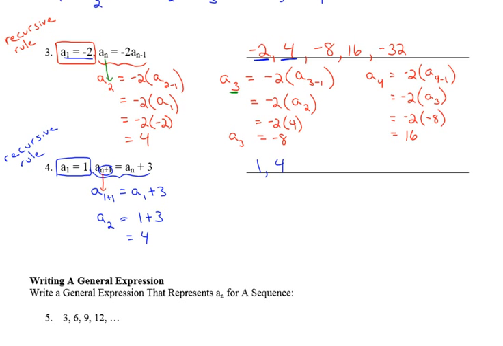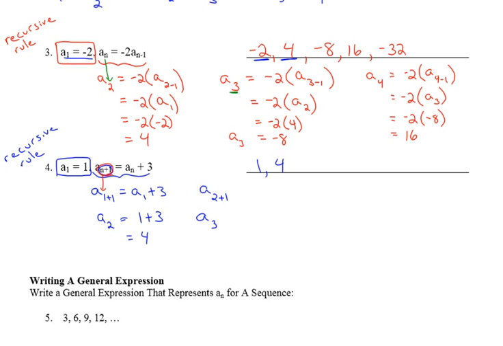This time I need to find the third term in the sequence. Now I'm not going to say a sub 3 because my rule says n plus 1. So if I want a sub 3, I really need a sub 2 plus 1 to make it a sub 3.